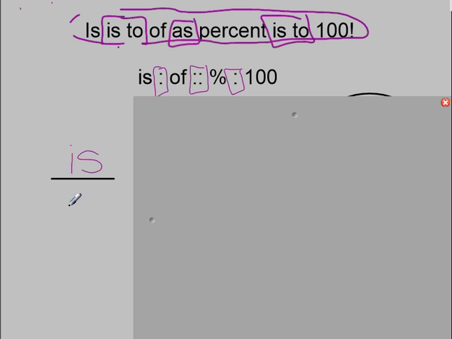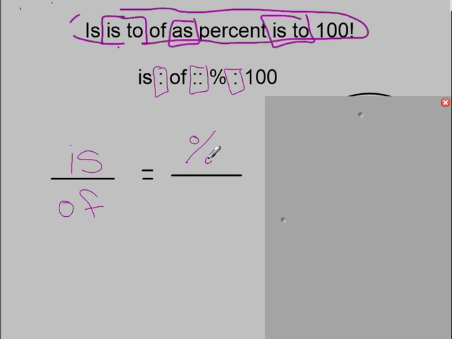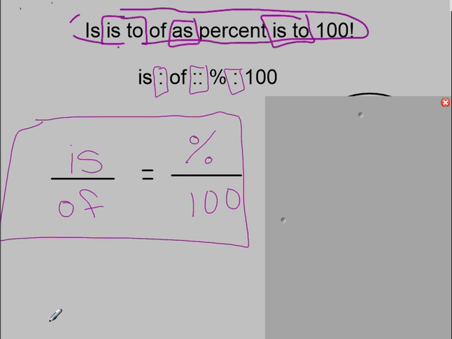Is to, of, as, that's going to give us an equal sign, percent is to 100. This right here, ladies and gentlemen, is the percent proportion, and it is incredibly important.